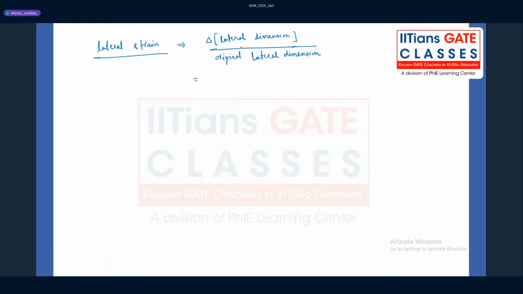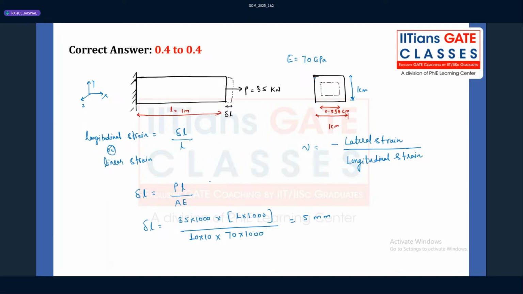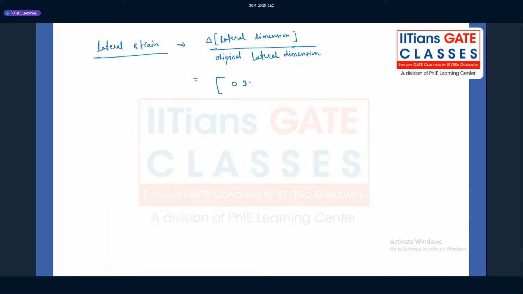I can write final length minus initial length. The final dimension is 0.998 centimeter, whether you consider along y or z, both shrink to the same value.